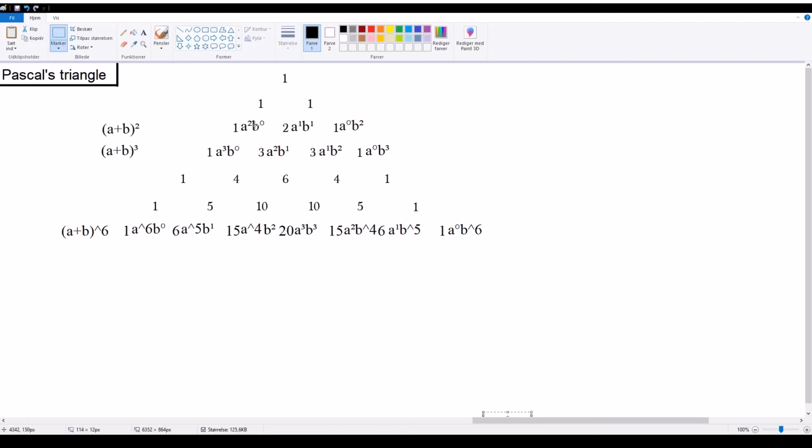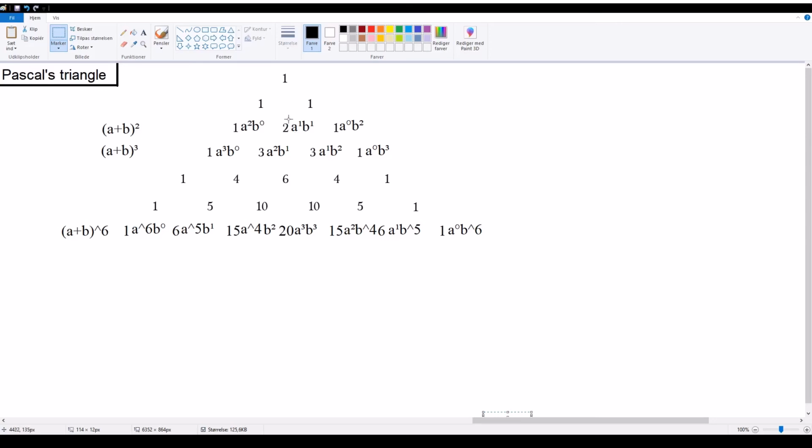The way you read this is you essentially put a to the power of which level you're on. So this is the second degree for a plus b squared, which is the perfect square expansion. You'll notice that this is 1a squared b to the power of 0, which is essentially just 1a squared, or just a squared.